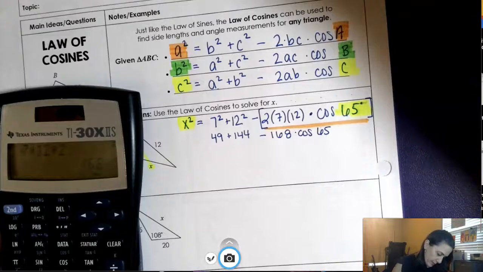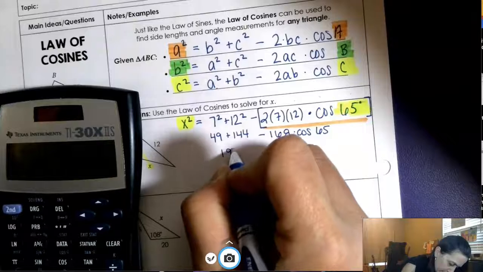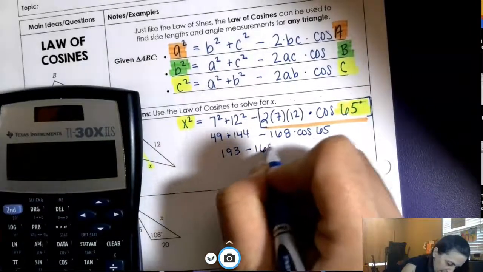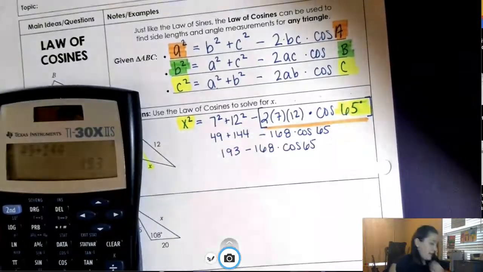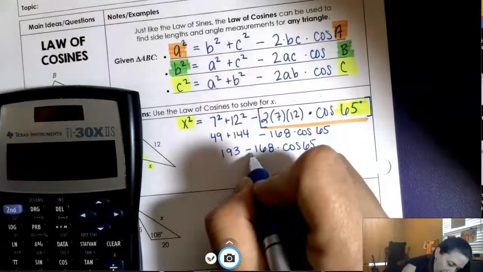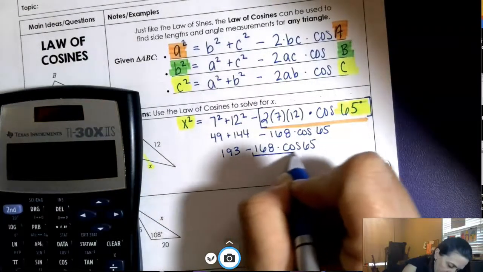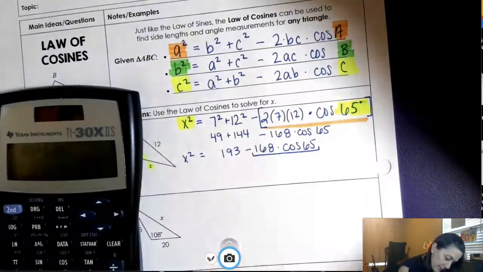We're going to do 49 plus 144, we get 193, minus 168 times cosine of 65. Again, it becomes really, really tricky. You have to keep this part together. Okay, this is x squared equals this.